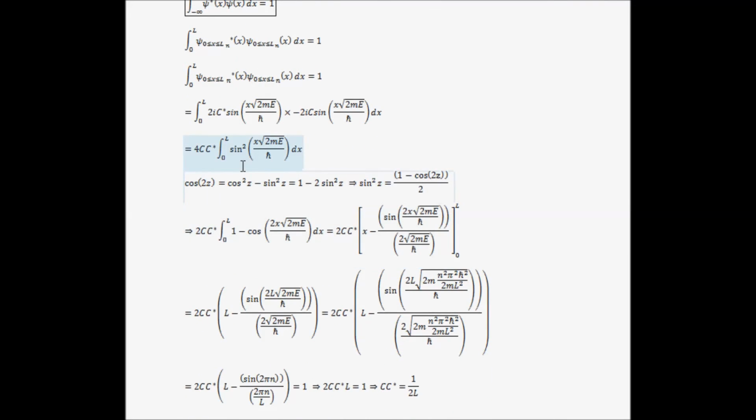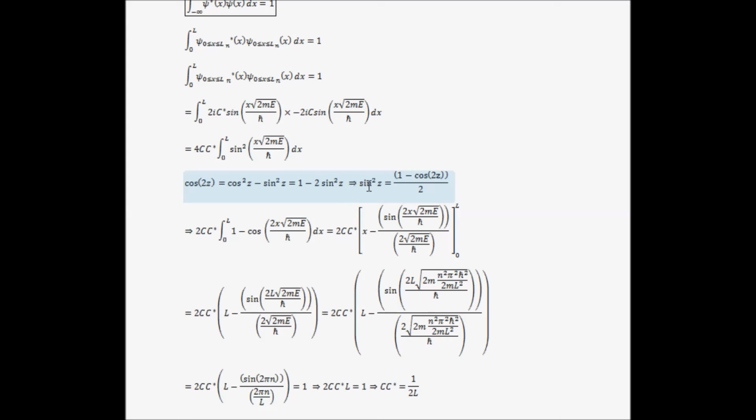This is easy enough to integrate using this identity. We know from trigonometry that cosine of 2z, for z just some arbitrary variable, is equal to cosine squared z minus sine squared z. Then using the Pythagorean identity to express cosine squared z in terms of sine squared, we end up with 1 minus 2 sine squared z.